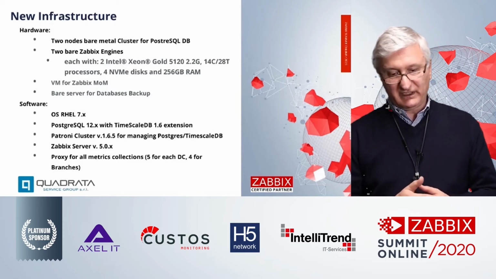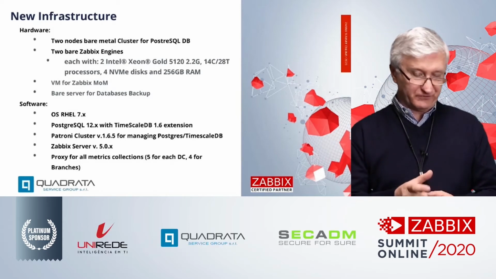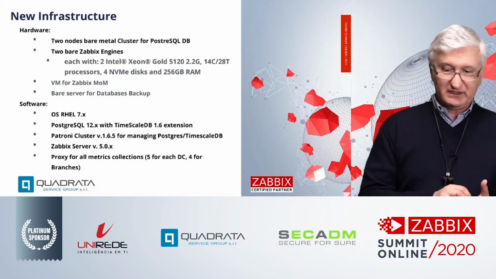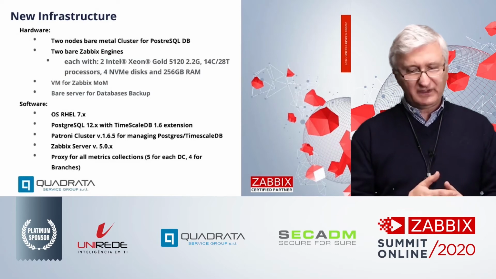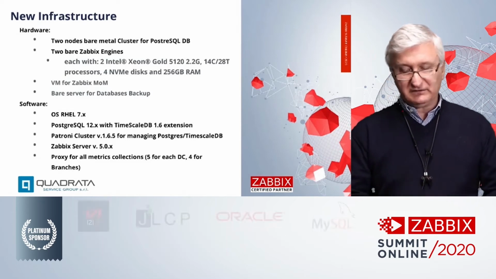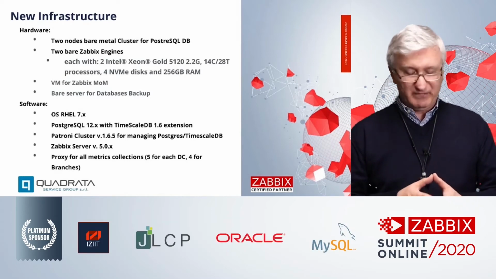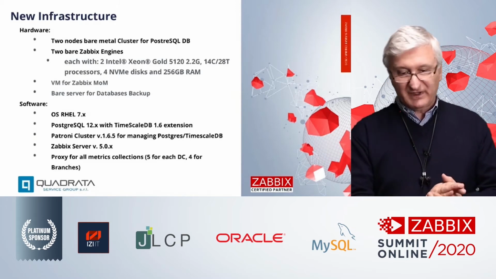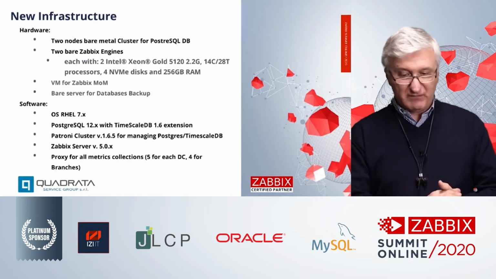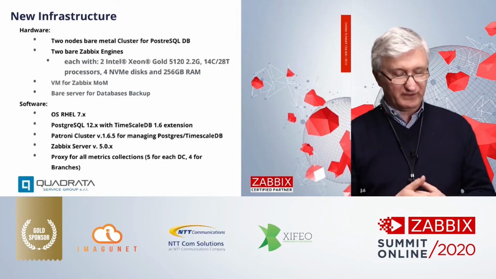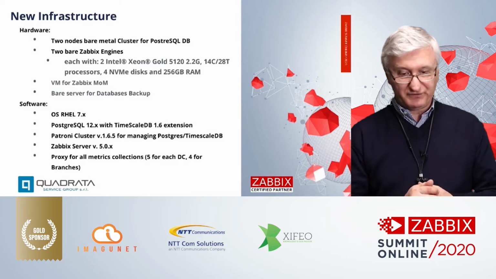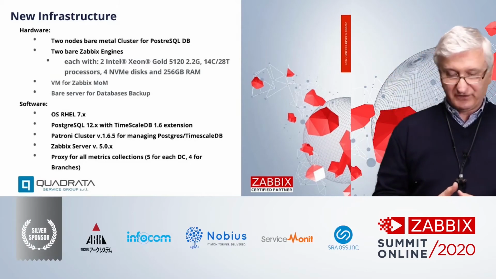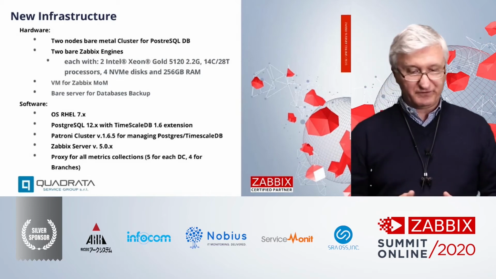Each of these 4 servers, 2 for the database and 2 for the Zabbix engine, are very powerful servers with many cores, many processors, and a lot of RAM, 256 gigabytes of RAM, of course, and very high speed internal disks. This is very important for the working of this configuration.